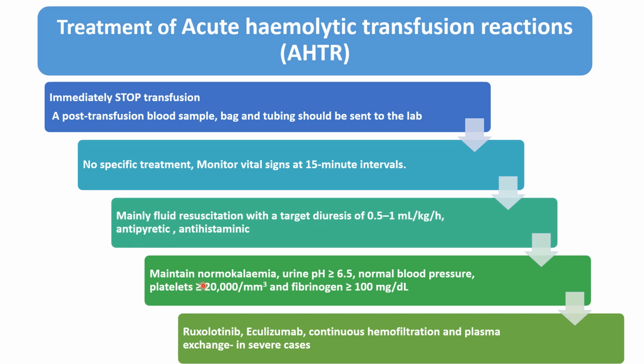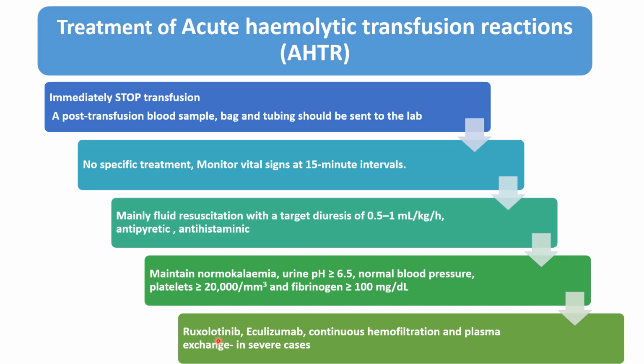We should maintain normokalemia, and urine pH should be more than 6.5. BP should be maintained by fluid and inotropes. Platelets should be more than 20,000 and fibrinogen should be more than 100 milligram per dL. If platelets are less than 20,000 and fibrinogen less than 100, that means the patient is going into DIC and we have to give these components, RDP and FFP.